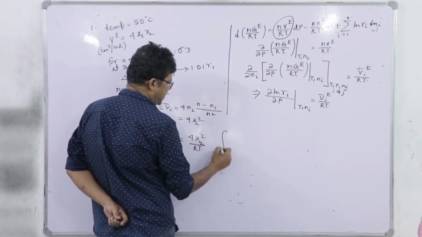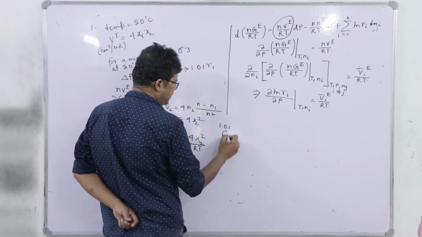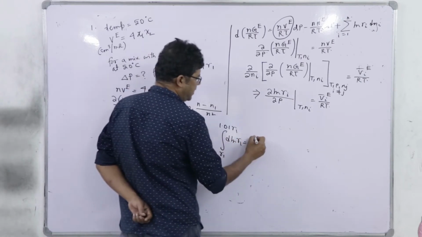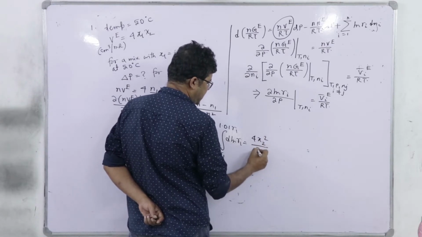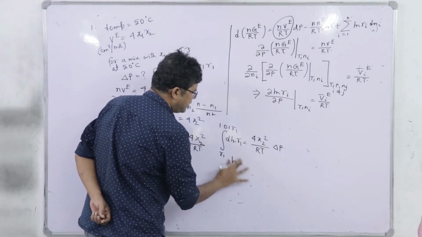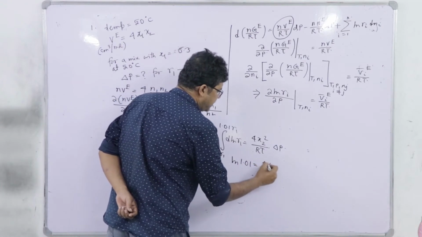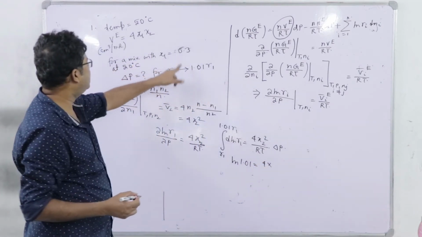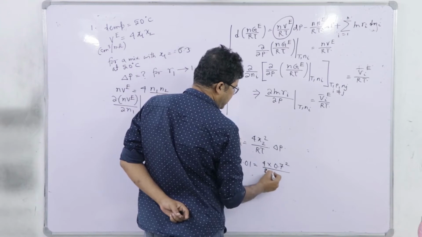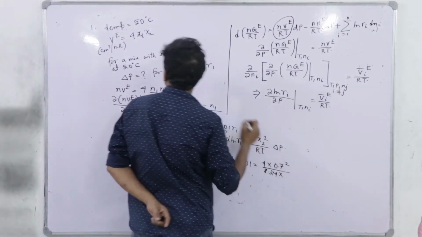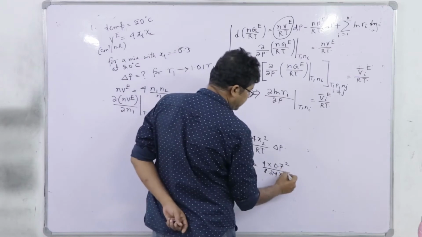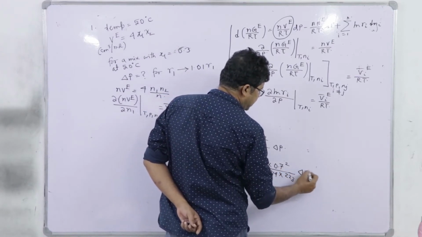On the left hand side, if I integrate from gamma 1 to 1.01 gamma 1, d ln gamma 1 will be equal to 4 x2 squared divided by RT into delta P. So ln of 1.01 is equal to 4 into, now x1 equal to 0.3, so x2 equal to 0.7, so 0.7 squared, divided by 8.314 into the temperature, that is 273 plus 50, that is 323, into delta P. And delta P you will get in Pascal.